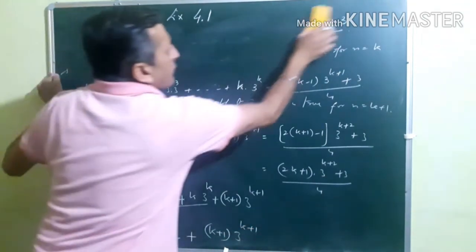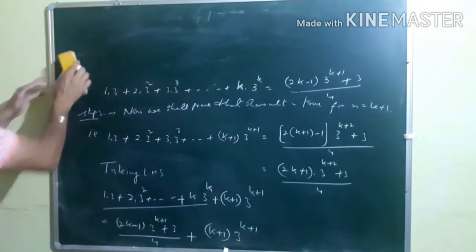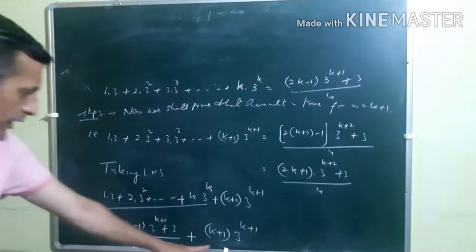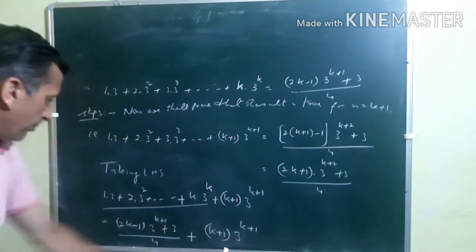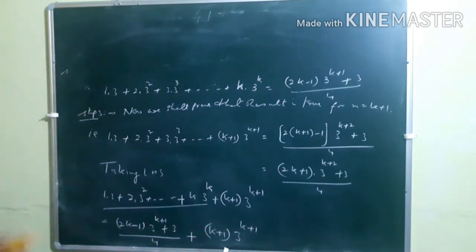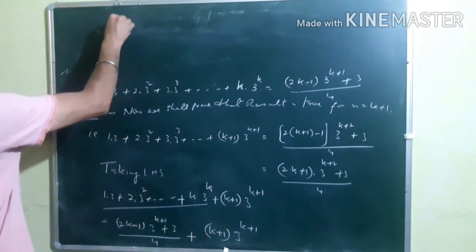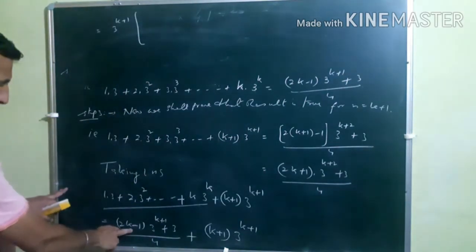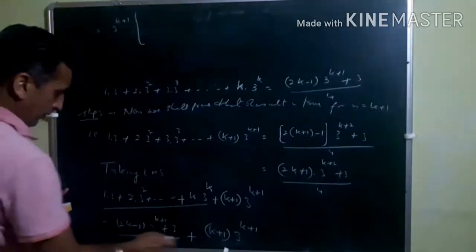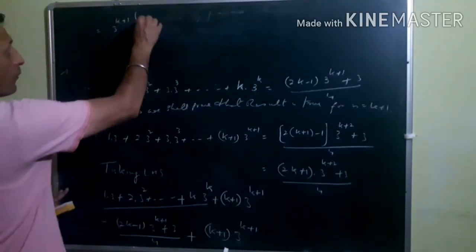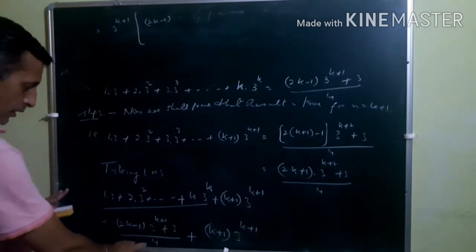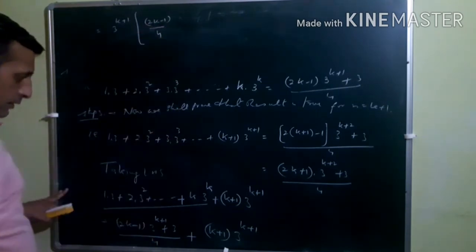After this we have to take the common terms. In this case clearly 3 to the power k plus 1 is common, so I am going to take this one, and the rest of the terms are from this and this term: 2k minus 1 upon 4.